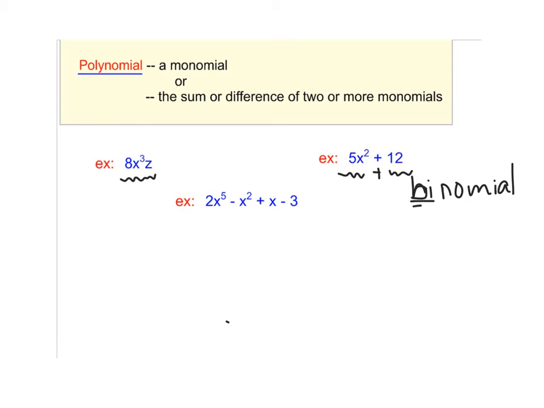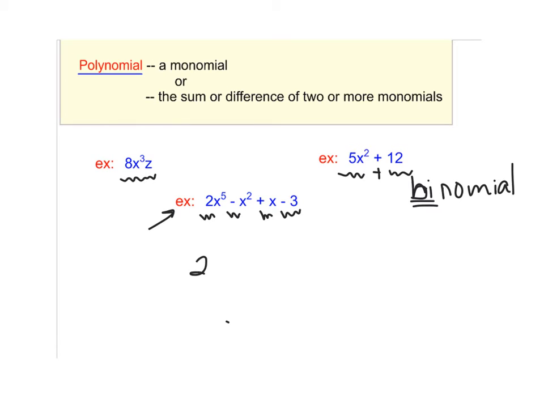The same way a bicycle has two wheels, a binomial has two terms. And remember earlier in the year we talked about terms being separated with an addition or subtraction symbol. Here we can see in this example, we have 4 terms, and that is a polynomial. It has 4 terms there.